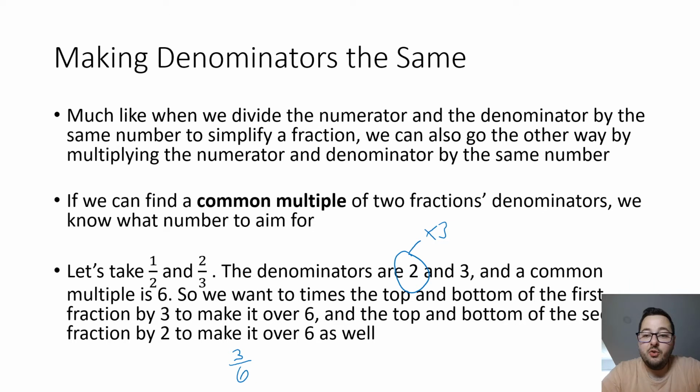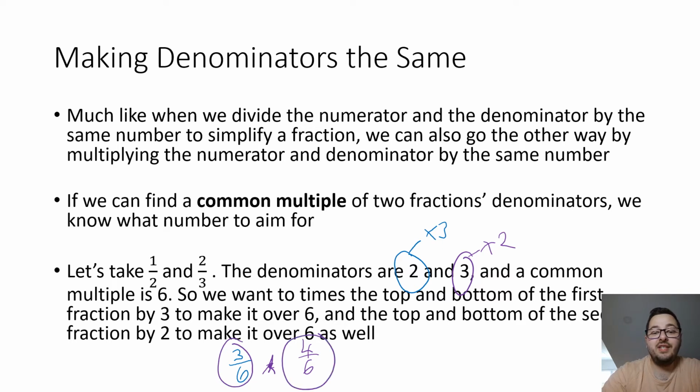Then for 2 over 3, you times the bottom number by 2 to get 6, so this is going to be 4 over 6. From that, you can see which one is lower. 3 over 6 is lower than 4 over 6, so that must mean 1/2 is lower than 2/3.